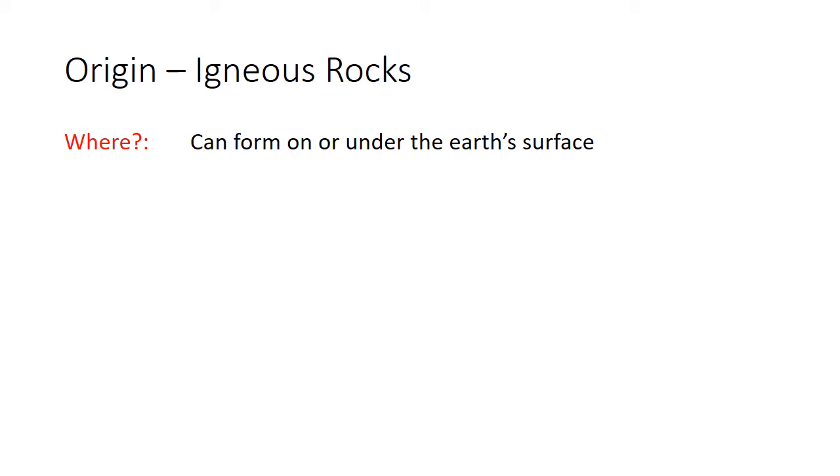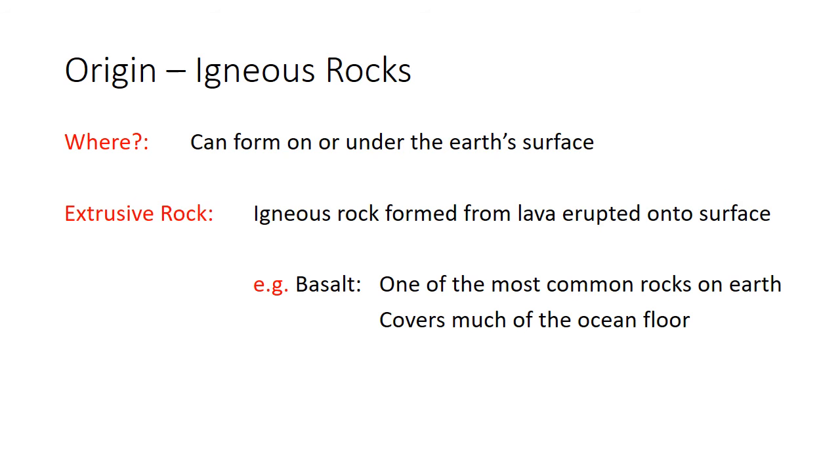Igneous rocks that form on the Earth's surface we call extrusive rock. Notice extrusive. X means outside, so this is on the Earth's surface.